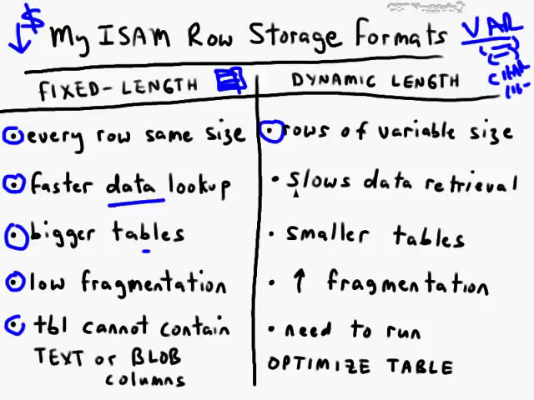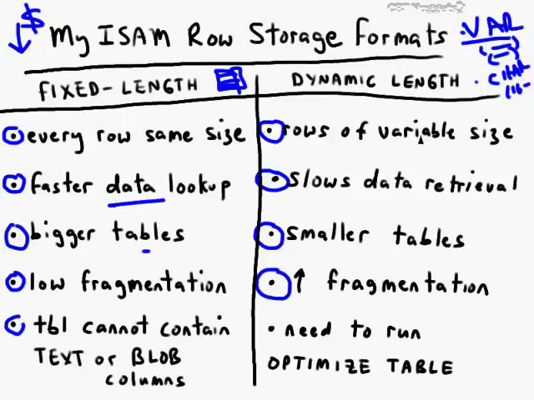Here, your data rows are of variable size. This is going to slow down data retrieval for the same reason allowing null values slows data retrieval. It's going to give you a space advantage, just as we discussed before, just like using varchar over char is going to give you a space advantage.